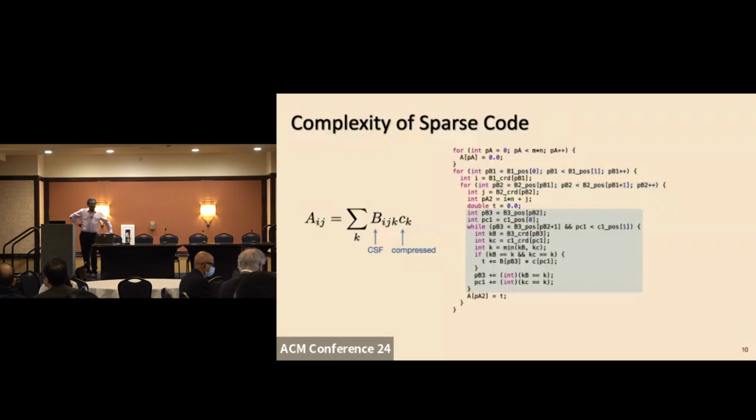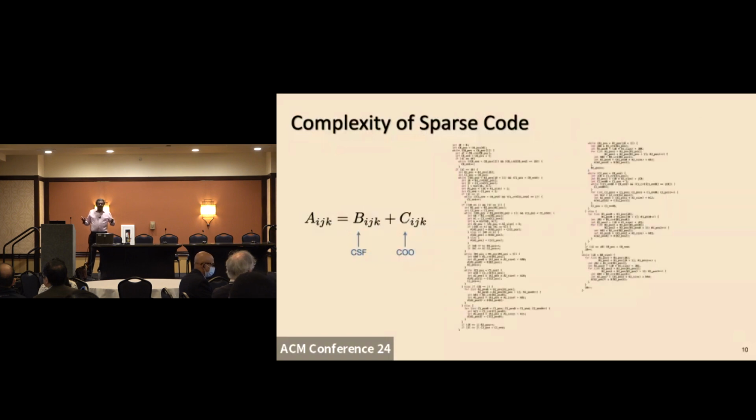And also if the vector is sparse in a compressed format, now the code is a little bit more complicated. So as you add more sparsity, it gets complicated to get the best performance. And if you are adding 3-tensors together with two different formats, to get the best performance, you need to write code like this. So that is a lot more complicated. This is why this is hard.